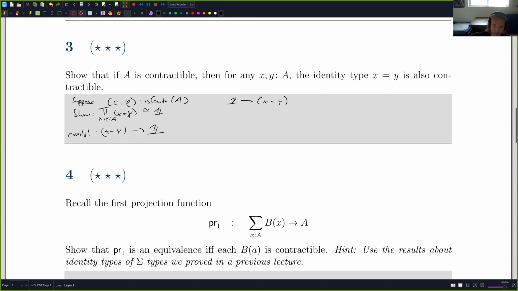Singleton induction allows us to reduce this case to the case where x is judgmentally equal to y. So let's write: by singleton induction it suffices to give, let's call this map G, from the unit type to x equals x.